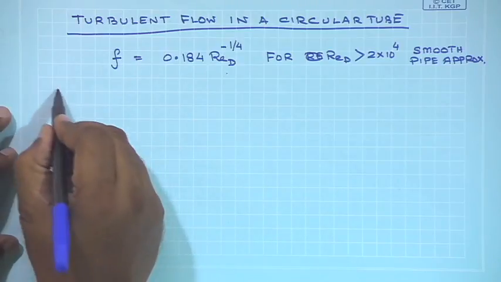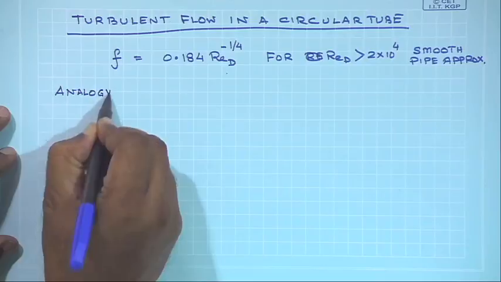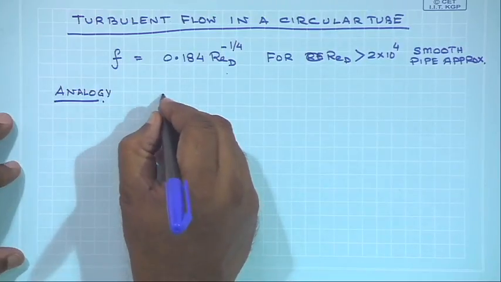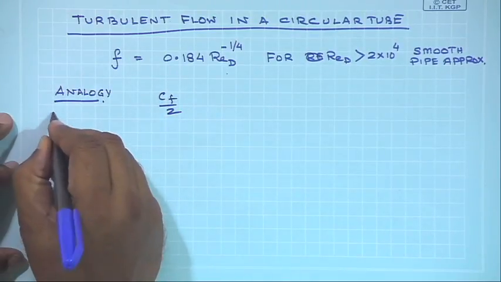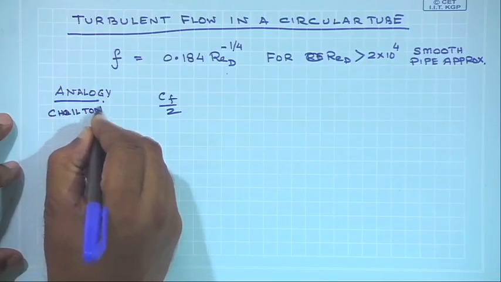Now comes the analogy part. The analogy tells us that Cf by 2, and by analogy here I am using Chilton-Colburn analogy.